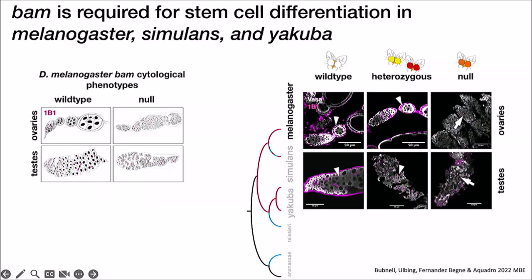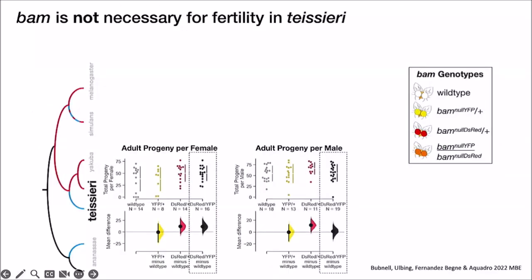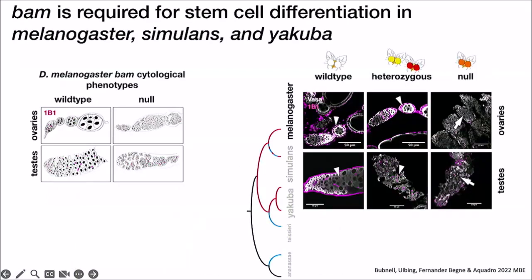And for fertility, there's essentially no progeny being produced by simulans or Yakuba either.